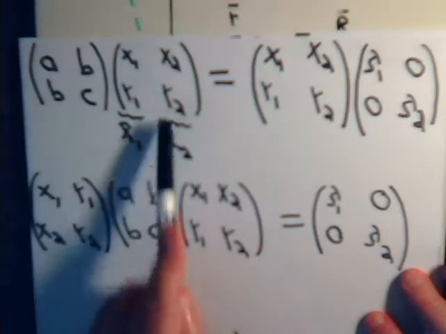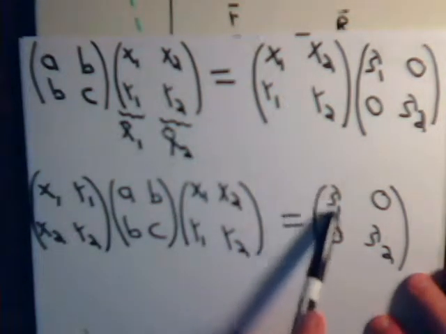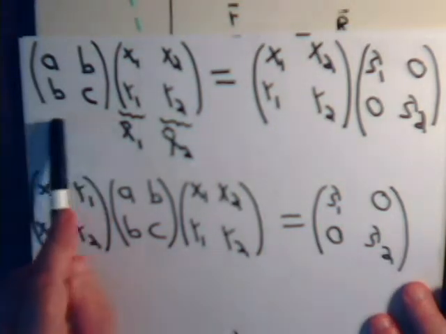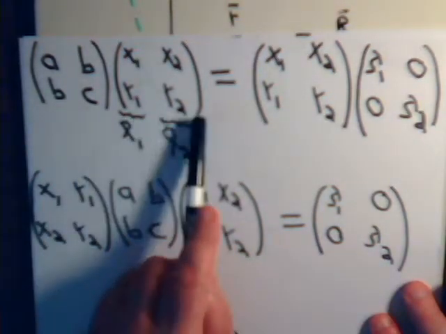This times this equals the diagonal matrix. So the point is that if this is a symmetric matrix, then for its model matrix, it's real easy to take the inverse. It's just the transpose of it.